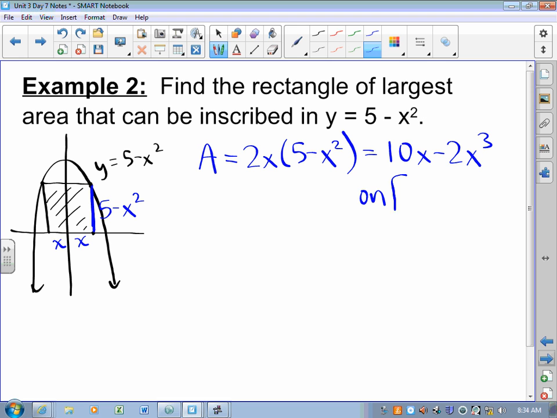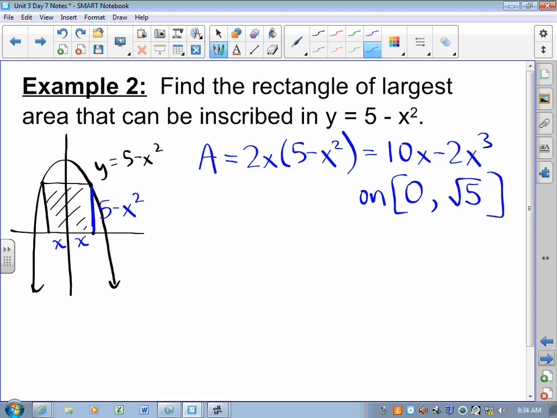What is the closed interval in question? Well, the smallest that x could be is probably 0 for obvious reasons. The largest that x could be is the square root of 5. And I'll let you think about why that's the largest that x could possibly be. Try to take x beyond radical 5 and you tell me what happens.